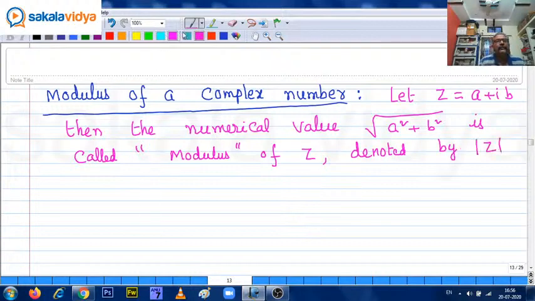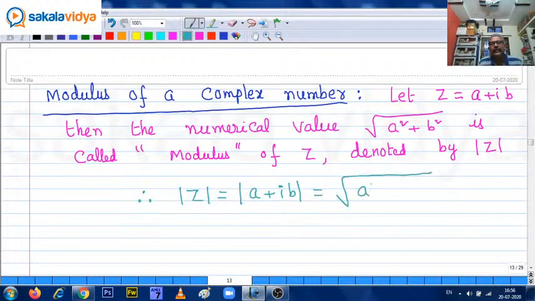Therefore, mod z is equal to mod of a plus ib equal to root of a square plus b square.